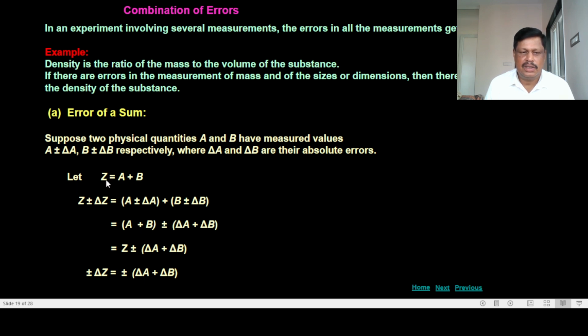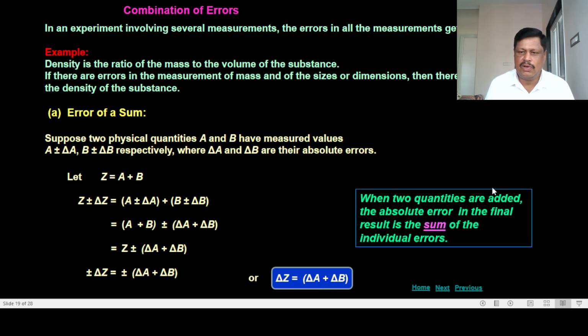But A plus B is equal to Z, therefore for A plus B substitute Z. So right here Z and Z in the Z plus or minus delta Z cancel. So plus or minus delta Z will remain there. So plus or minus delta Z is equal to plus or minus delta A plus delta B. Or delta Z is equal to delta A plus delta B. When two quantities are added, the absolute error in the final result is the sum of the individual errors.